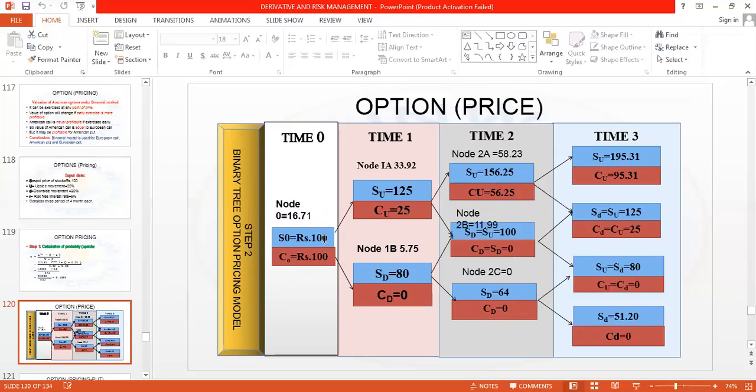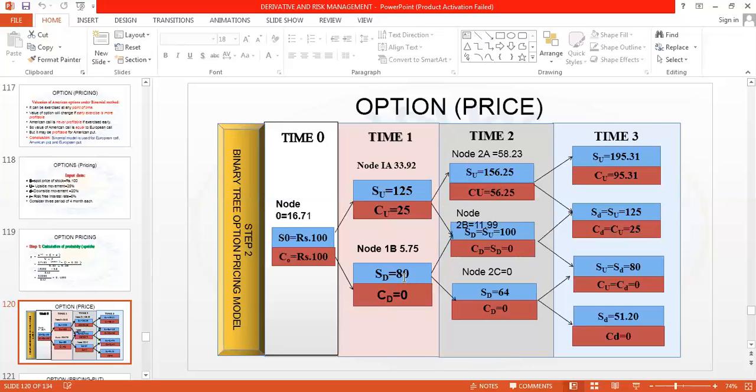In this way, each time figures are changing. Now, in the downside, from 100, it has moved down to 80. Then, if it is 125 in time 1, then in time 2, upside will be 156.25, downside will be 80% of 125, that means 100.